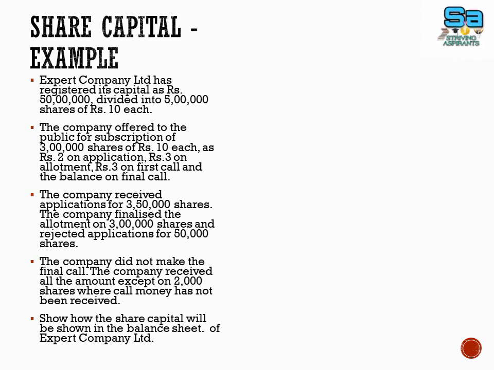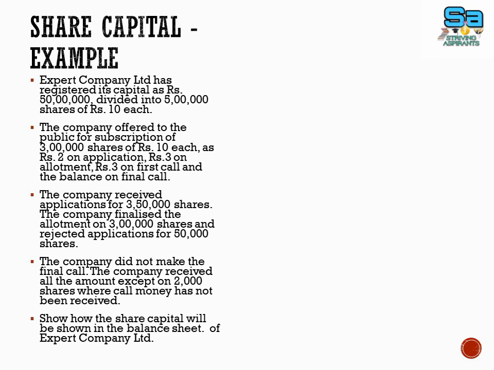The company received applications for 3,50,000 shares. The company finalized the allotment on 3 lakh shares and rejected the extra applications, that is 50,000 shares. The company did not make the final call. The company received all the amount except on 2,000 shares where call money has not been received.